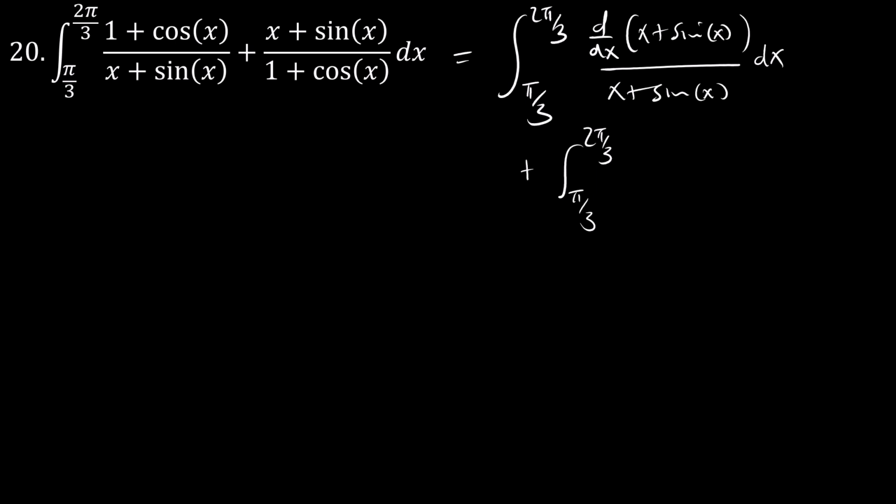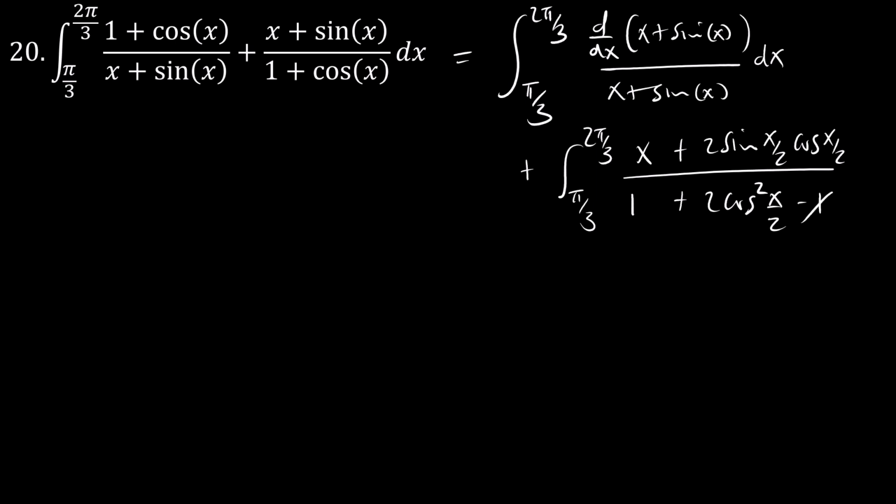Okay, let's do it this way. This is x, 2 sine x over 2 cosine x over 2, over 1 plus twice cosine squared x over 2 minus 1. This will cancel.